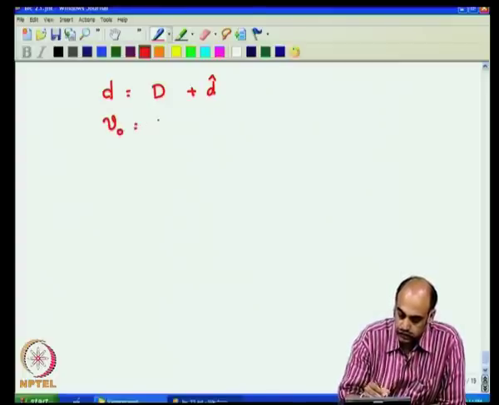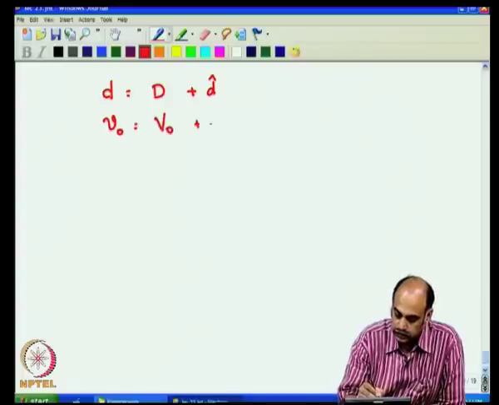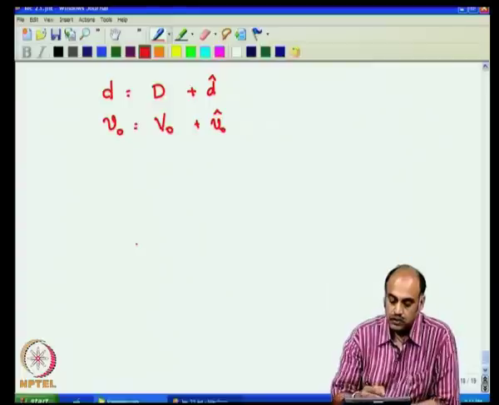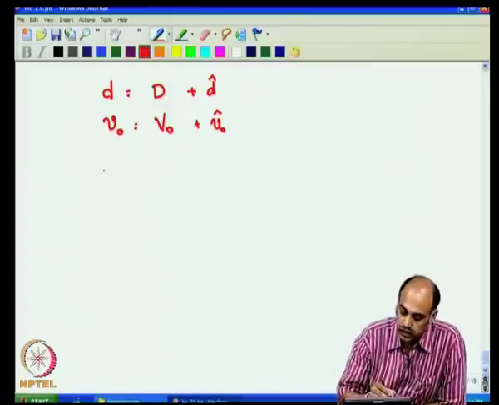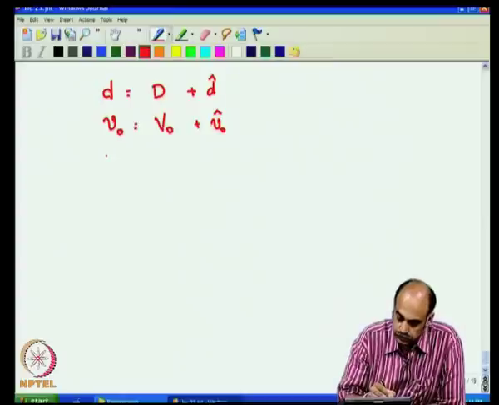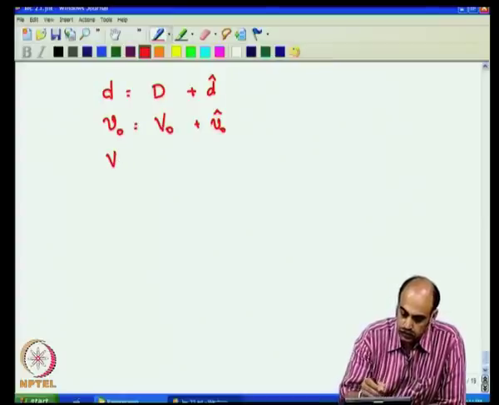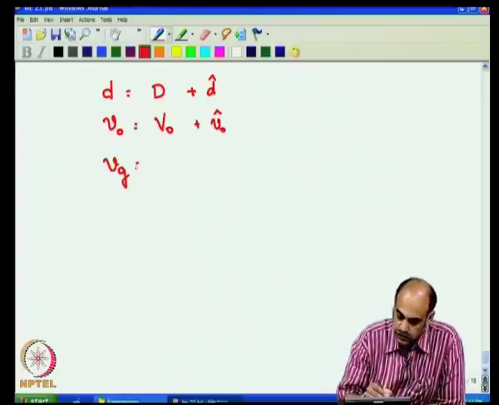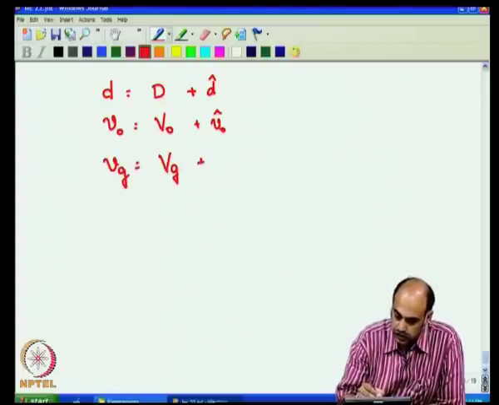V naught is equal to V naught plus V naught hat. So, the variation about the equilibrium point we are indicating by hat. Vg is equal to Vg plus Vg hat.